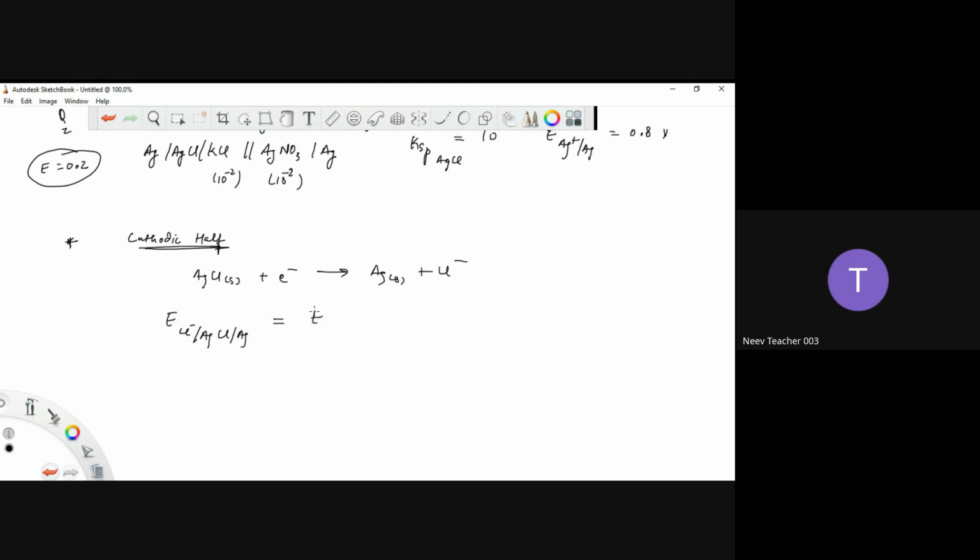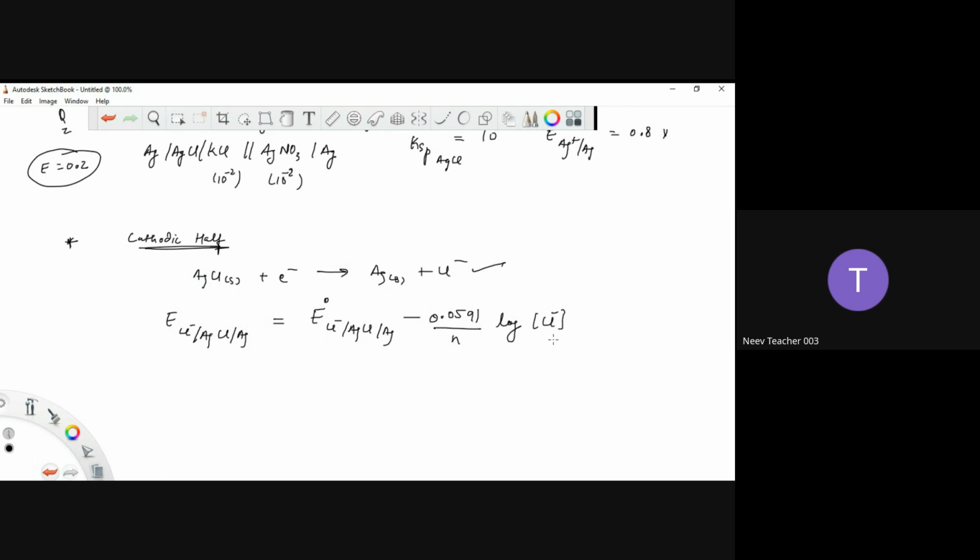That will be E naught Cl minus AgCl Ag minus 0.0591 divided by how many electrons are involved in this case? If you see, there is only one electron, right? But let's take n electrons there. Then log of concentration of Cl minus.